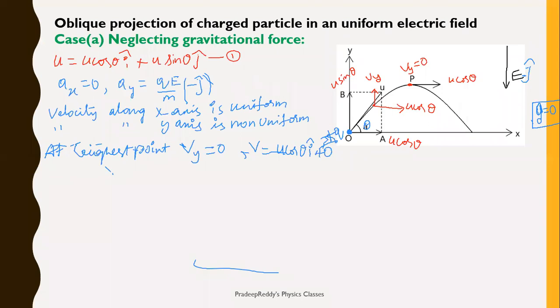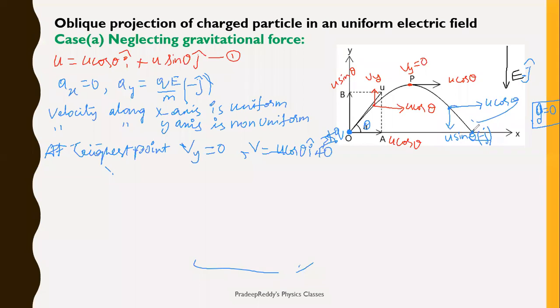And when it is coming down, what would happen when it comes down over here? At this point, velocity along the x-axis will remain the same, it is u cos theta, and velocity along the y direction will be u sin theta, but in which direction? Negative, minus j.